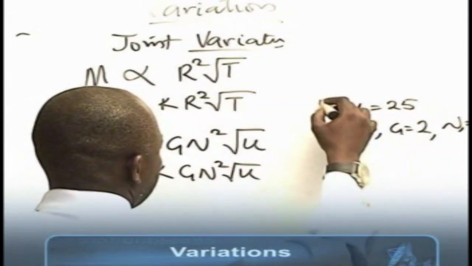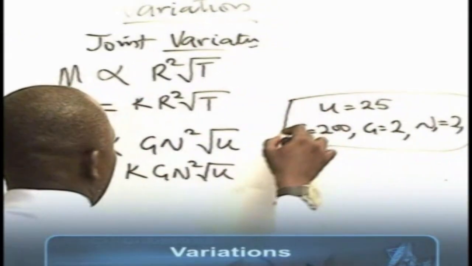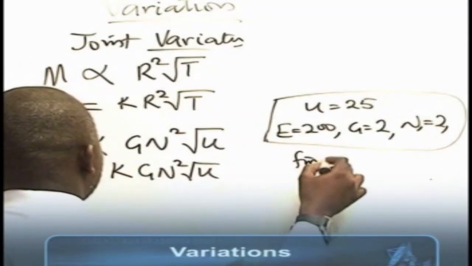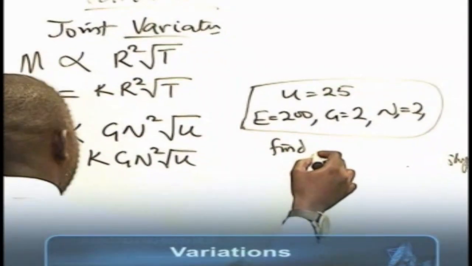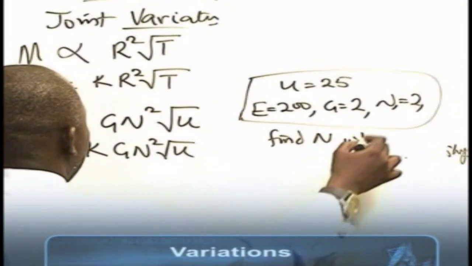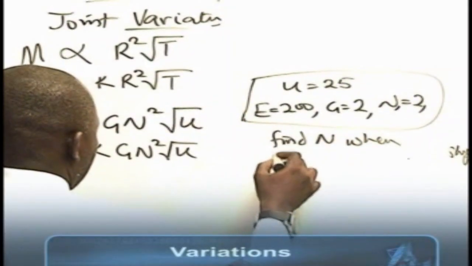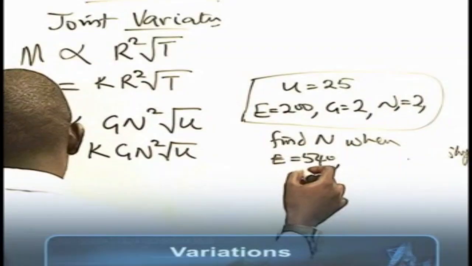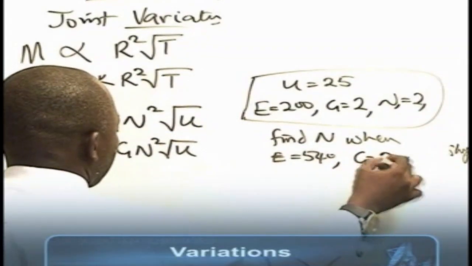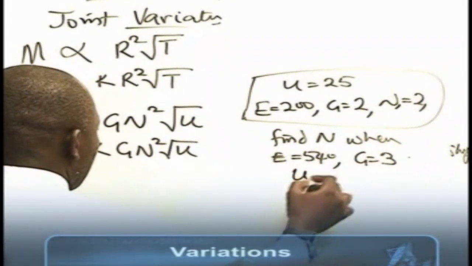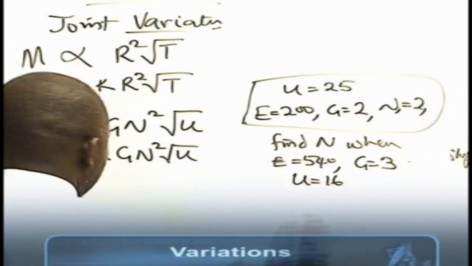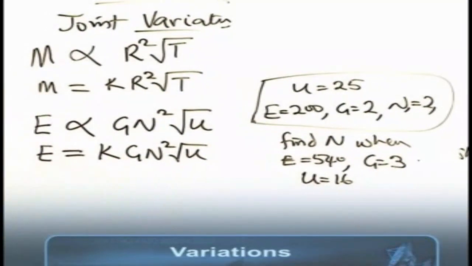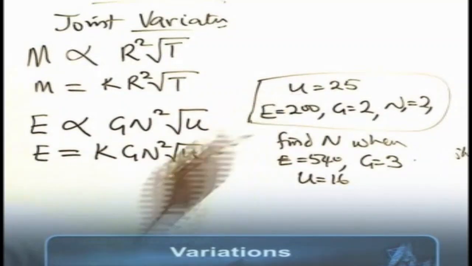This initial set of values will help us to determine K. Then we're asked to find N when E is 540, G is 3, and U is 16. So let us first of all determine the value of K using these values.